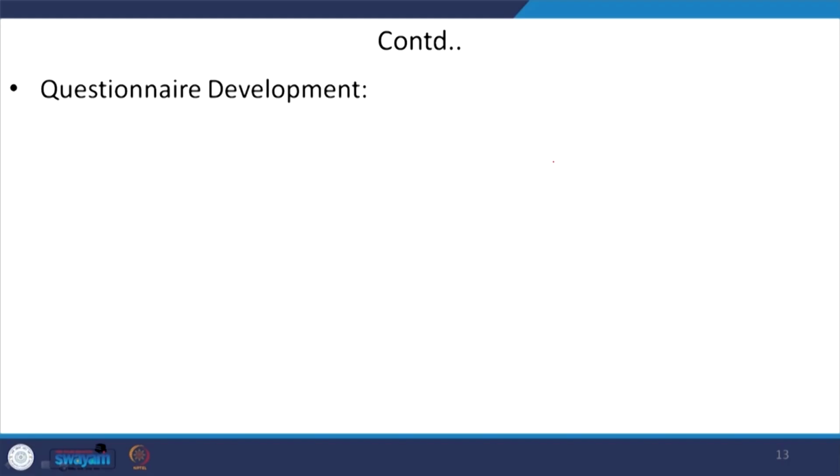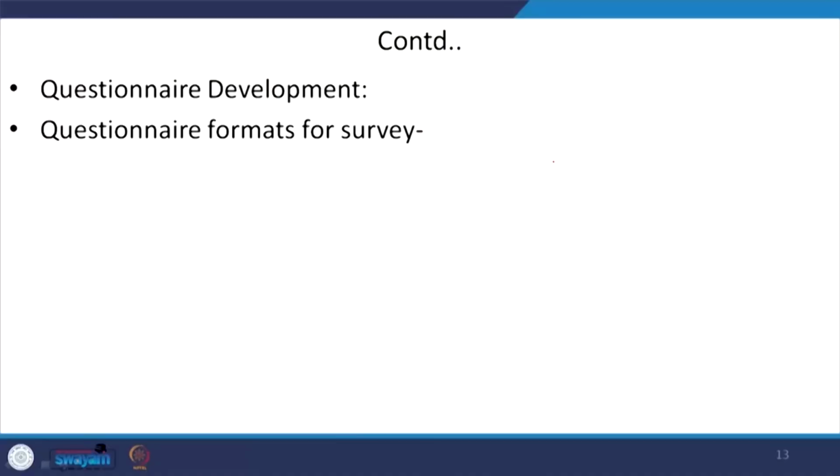Then the next step will be how to develop a questionnaire, because you need to capture the opinions of the respondents. Questionnaire development is necessary for conducting surveys of the respondents, and the medium or format can be emailing, where you email XYZ persons and get mail back from them on that particular survey.